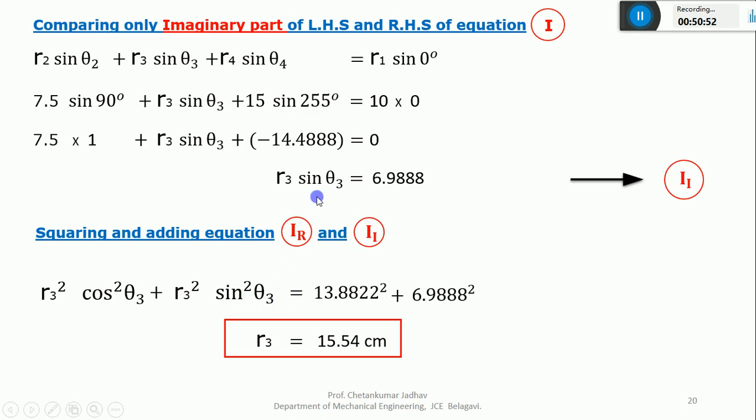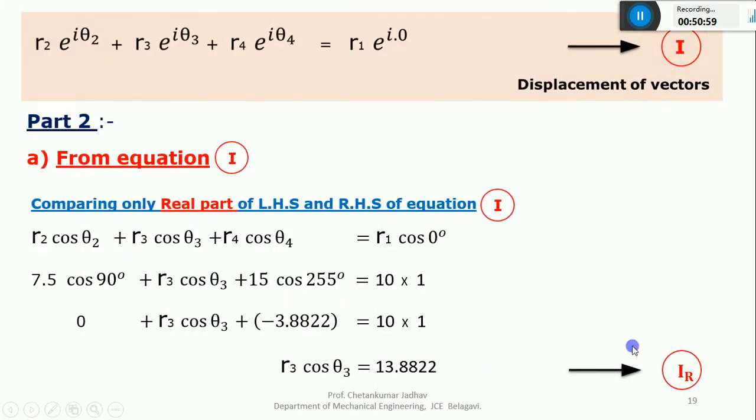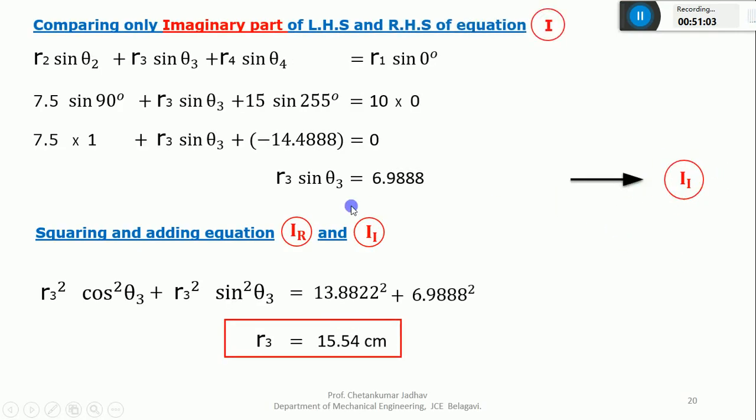Squaring and adding the LHS and RHS of II and IR, so this was IR and this was II. After squaring and adding, you'll get this one. To simplify this, you'll get the answer as R3 equal to 15.54 centimeters. And just take the ratio of II and IR.